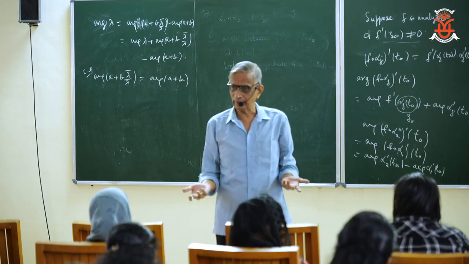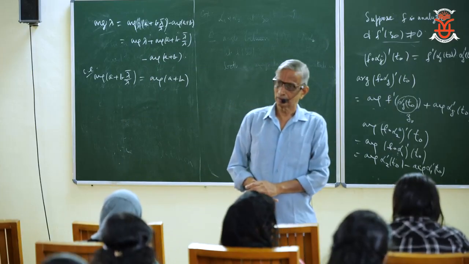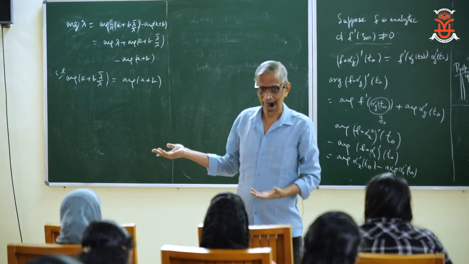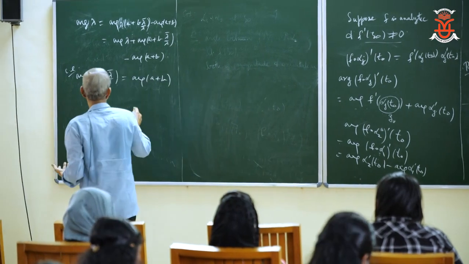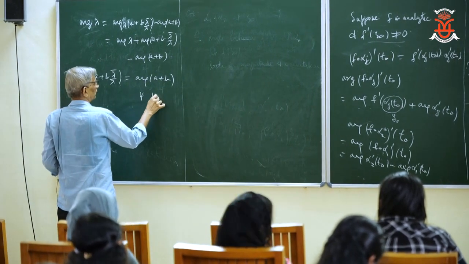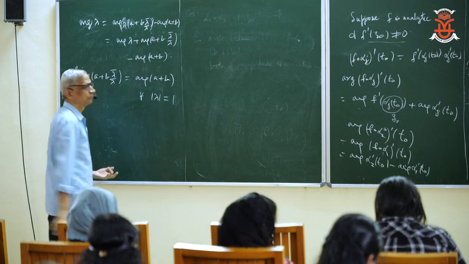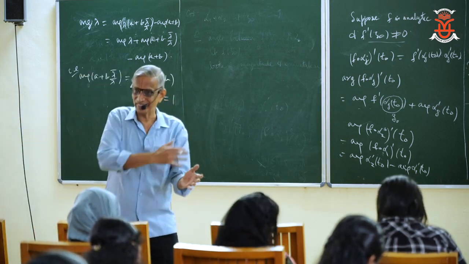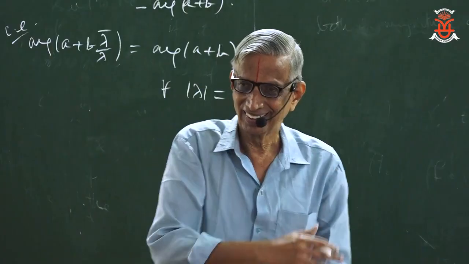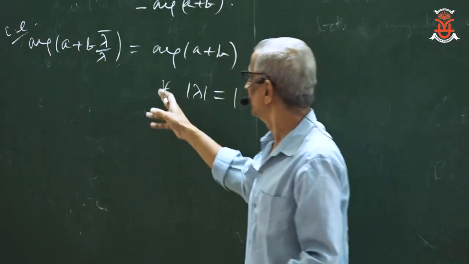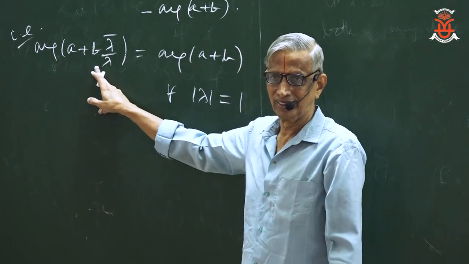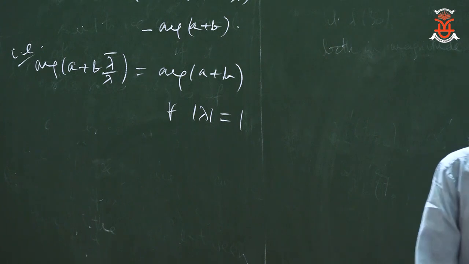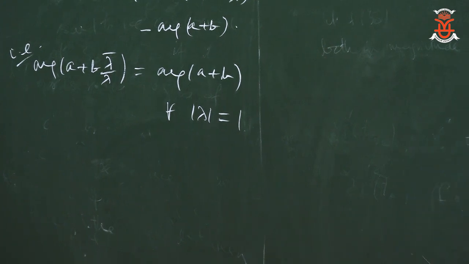So this is for what lambda? This is for any lambda with modulus lambda is 1. Right? So if lambda keeps changing on the unit circle, okay, so this is going to keep changing. Whereas the right hand side is independent of lambda. So when is this possible?